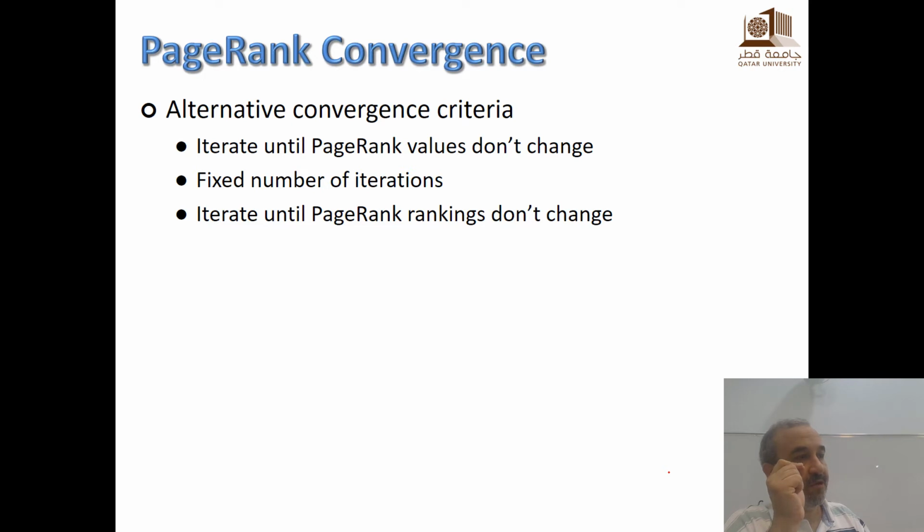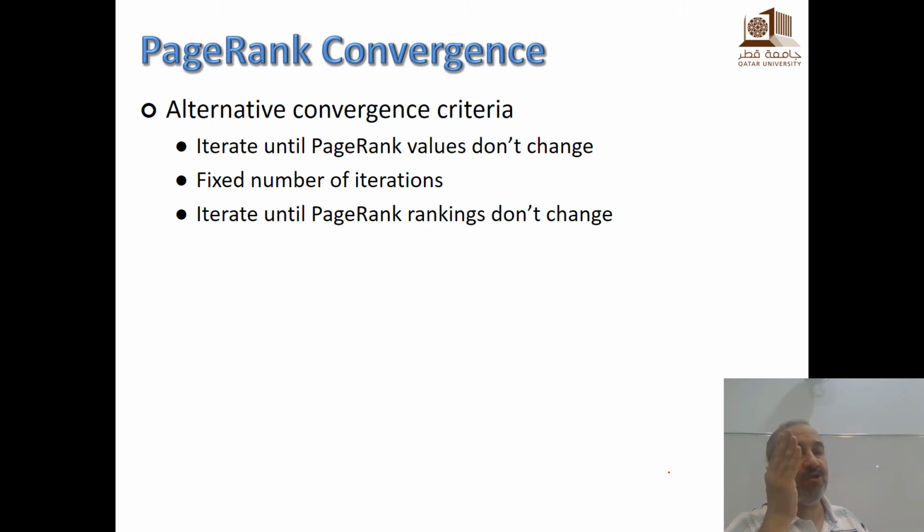Because these are very small values anyway, they might take some time to converge completely. So you don't have to wait until the complete convergence. You can just approximate it by looking at a very small epsilon maximum change to indicate that you are almost done.